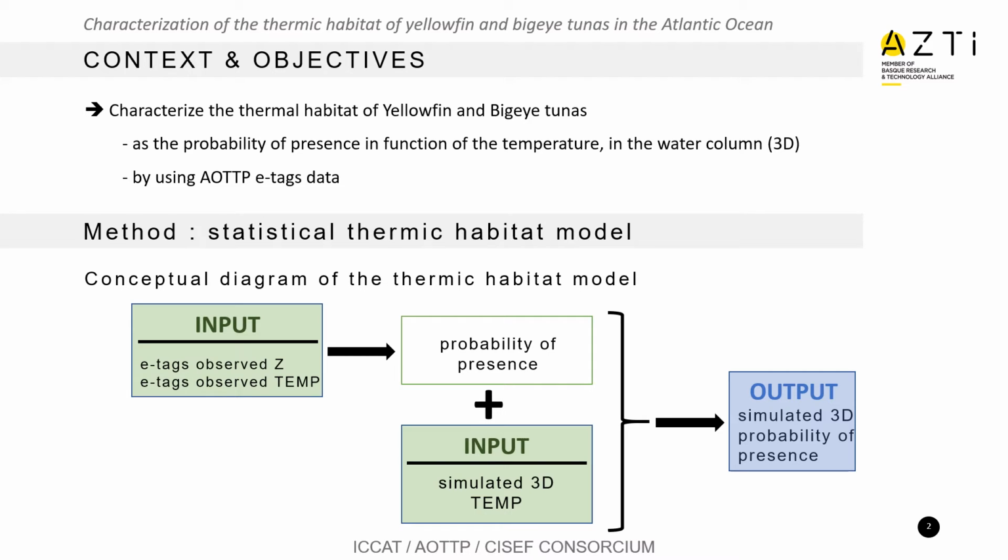First, we use as input in this model the observations from electronic tags, and in particular the temperature and depth, from which we calculate the probability of presence in function of temperature and for depth layers, and we apply this probability of presence to simulated fields of 3D temperature to obtain as the output of the model the simulated 3D probability of presence of individuals.